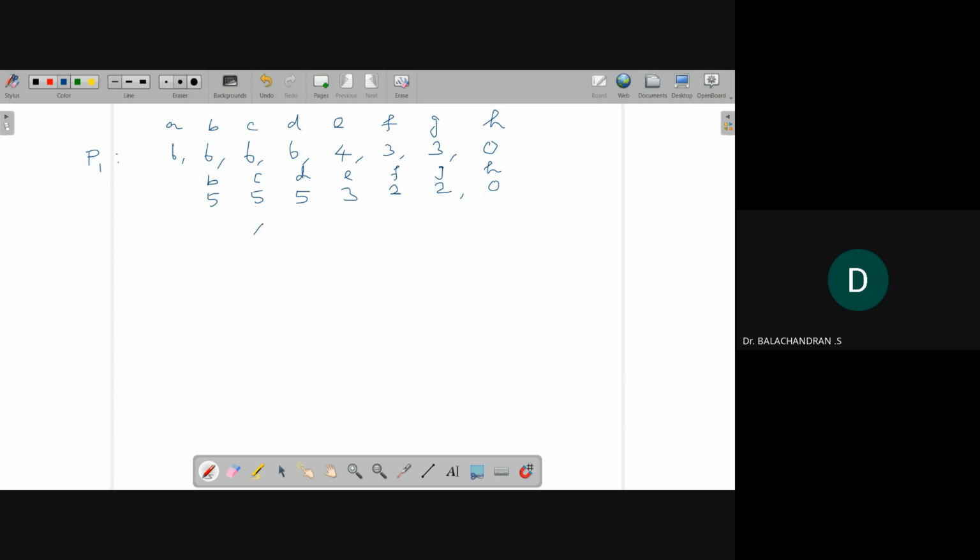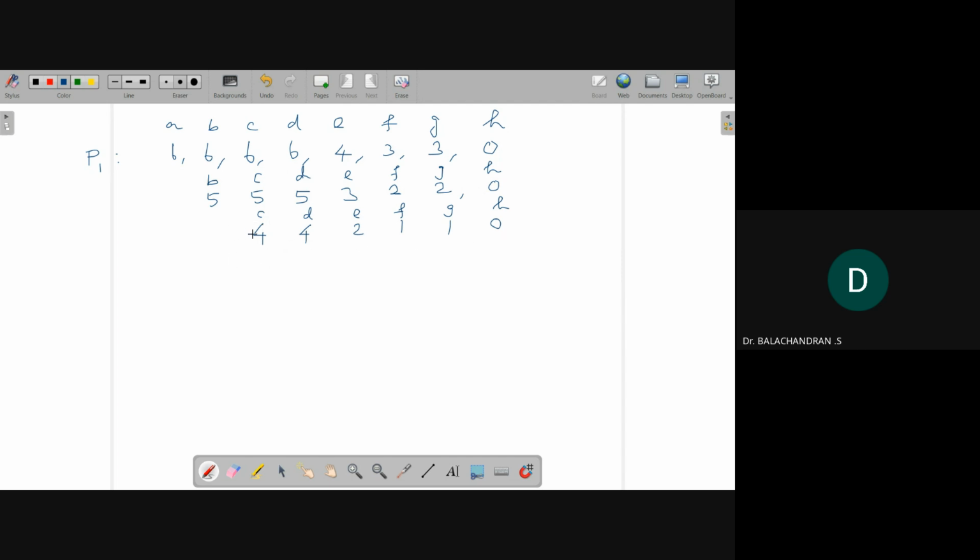So we get 4, 4, 2, 1, 1, and again 0. These are C, D, E, F, G, H. Check it: yes, it is in descending order.